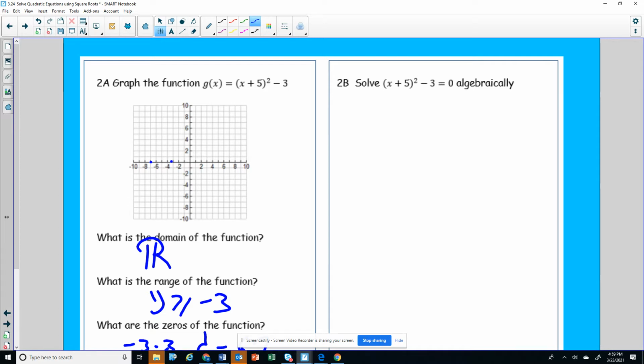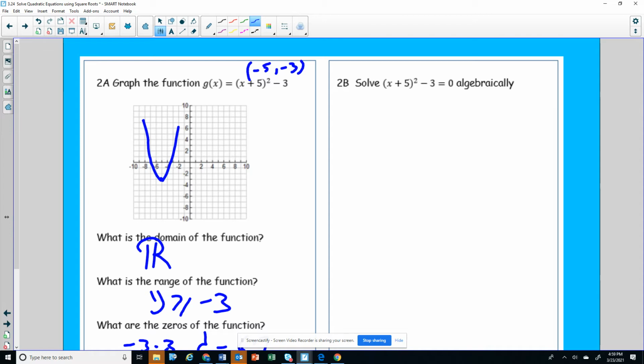And my vertex is going to be (-5, -3). Let's find that. -5 is right here, and -3 is right there. That's my vertex. So when I sketch this now, it's going to look something like that.